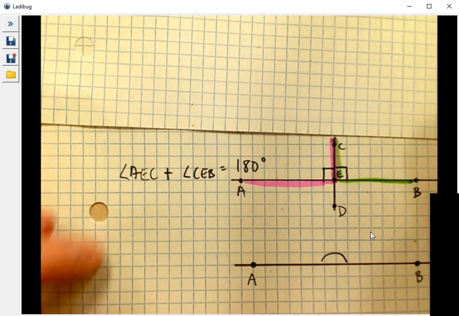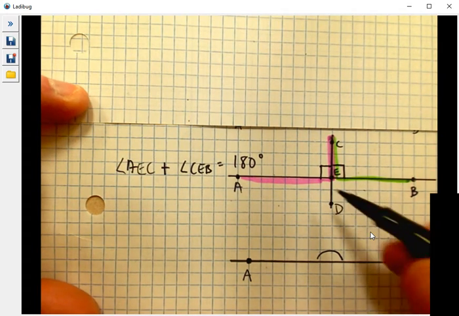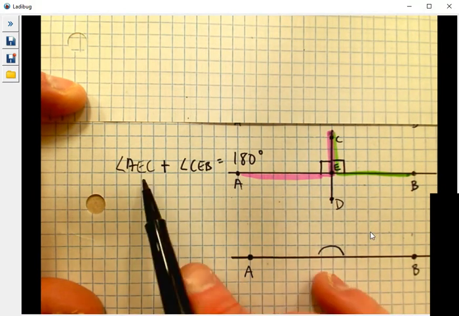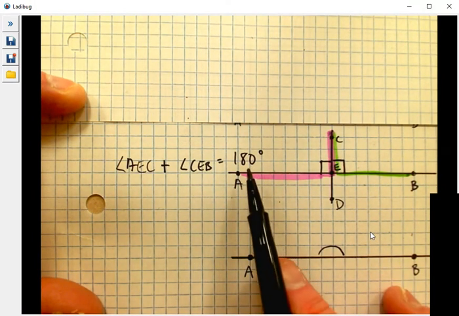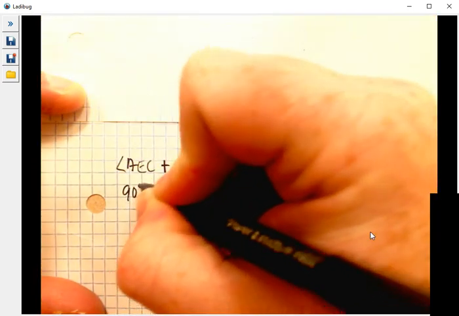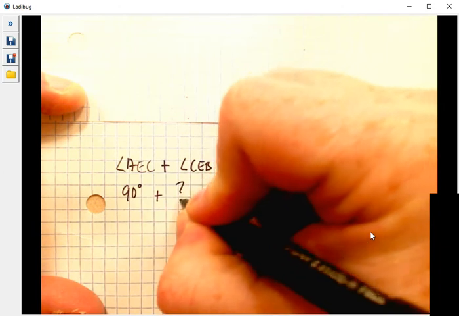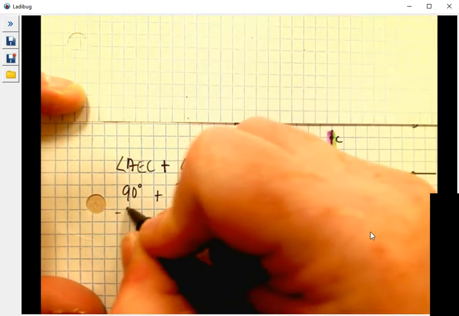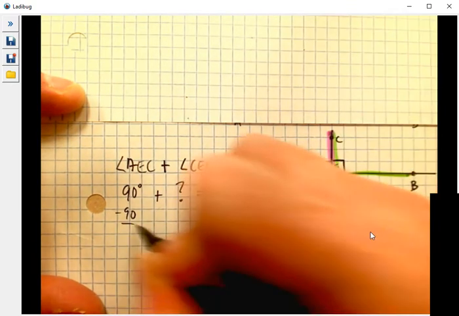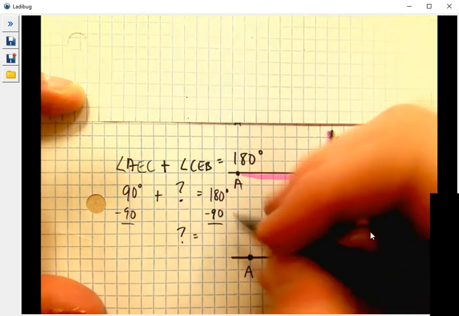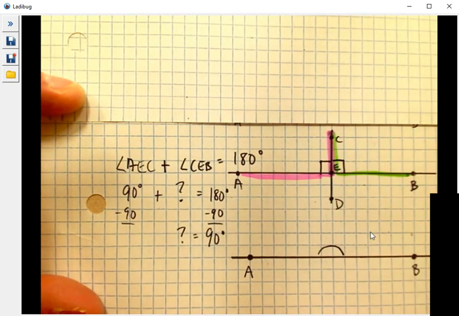Think about it. These two angles, when added together, should be the same as a straight line, 180 degrees. So if I knew that one of them was 90 degrees, and I was trying to figure out my missing angle, I could just subtract 90 on both sides, and I could see that my missing angle, which is CEB, is 90 degrees.